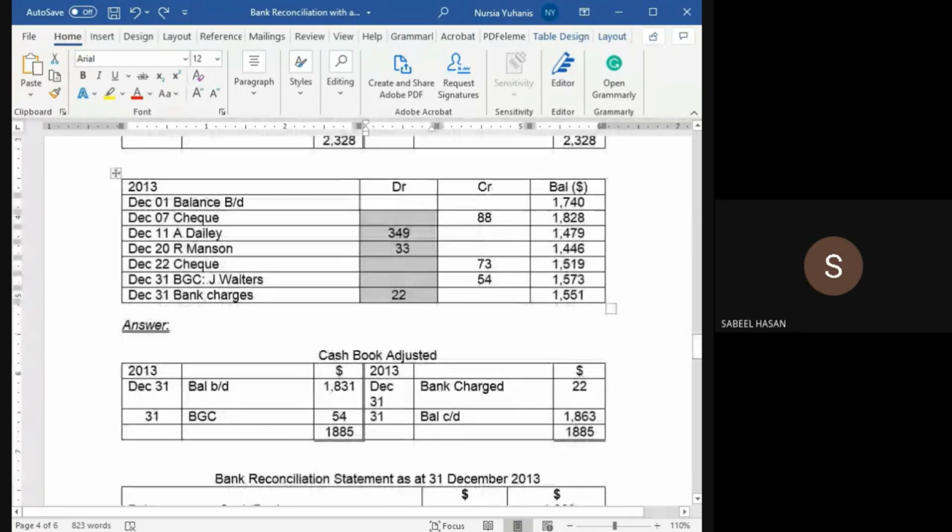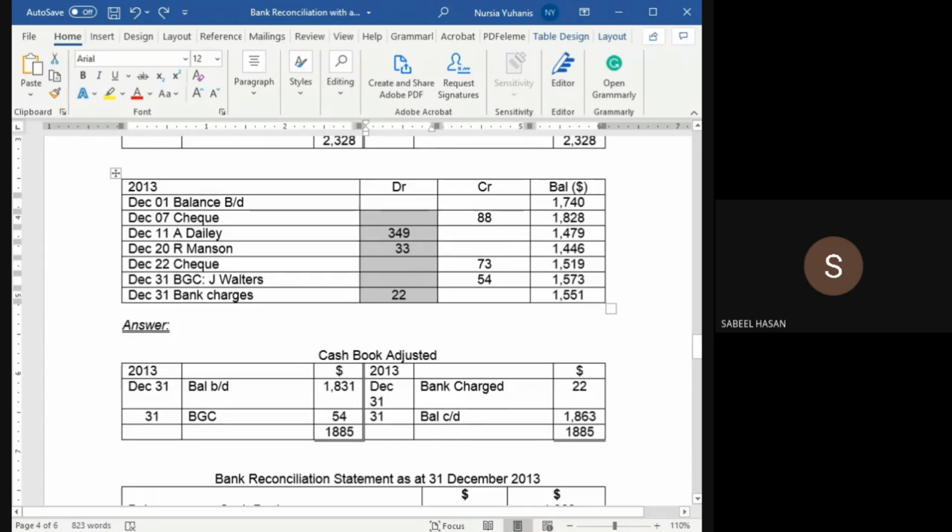Yes, 54 and 22. When you prepare the adjusted cash book, it's normally these bank charges. So when you prepare the adjusted cash book, you just focus on comparing the items in your bank statement that are not recorded in your cash book.